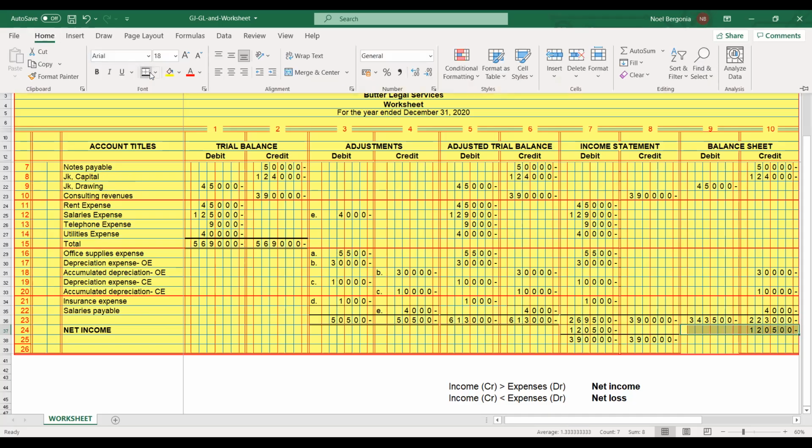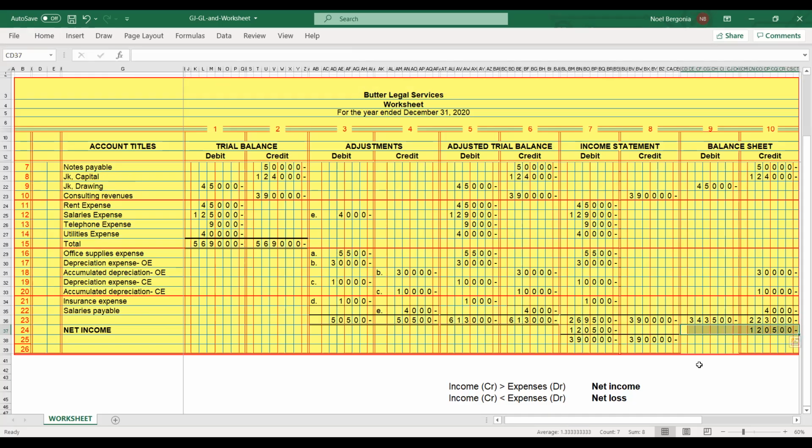Lalagyan ko ulit siya ng tick line para lang mag-denote na yun ay equal sign. Okay? And then i-bring down mo yung debit, 343,500. And then sa credit, pag inadd mo yung 223,000 at saka 120,500, dapat it should also equal to 343,500. Okay? So ayan, equal na po.